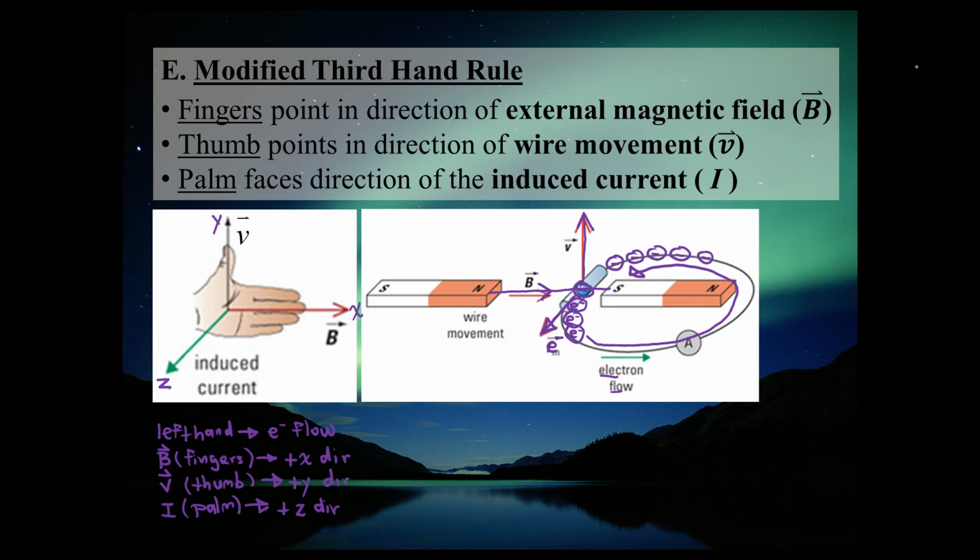So qualitatively, that's how we deal with electromagnetic induction. So we know the law that tells us when electromagnetic induction occurs. That's Michael Faraday's law. And we also have this modified third-hand rule, which can allow us to predict the direction of induced current or electron flow.